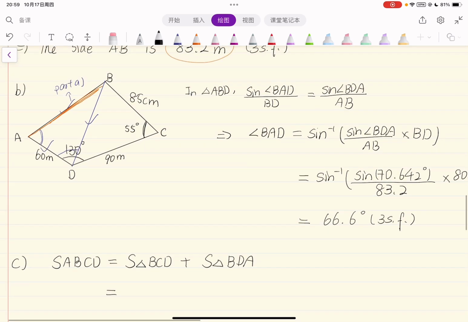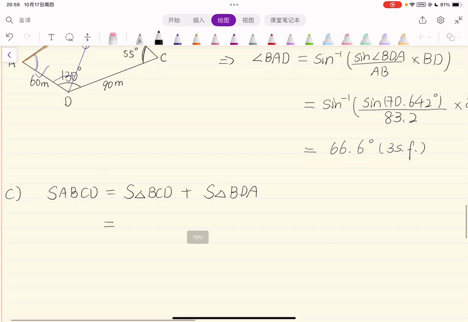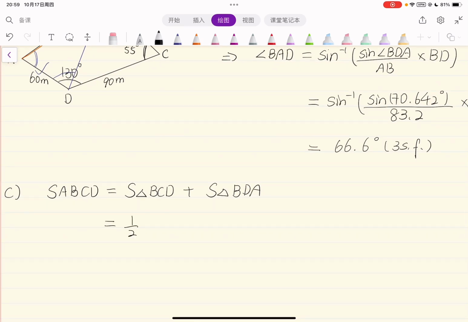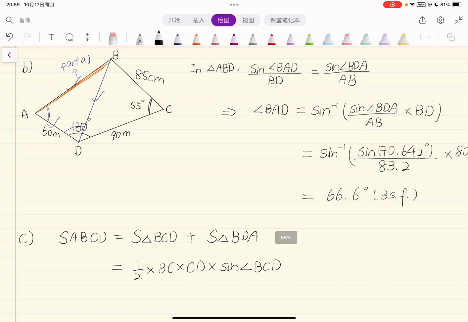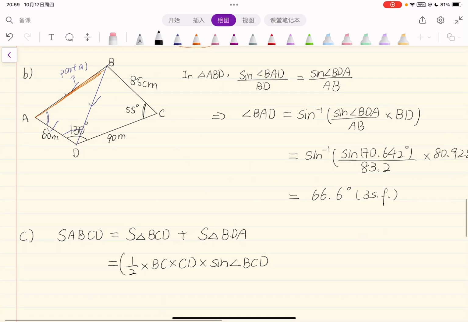Let us see the triangle BCD. We know the side BC and CD, also the angle between these two sides. So we can calculate the area of that. That is half times BC times CD times sine angle BCD. That is for the triangle BCD.